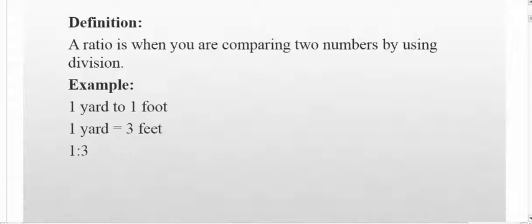If you have the conversion sheet, you would see that 1 yard equals 3 feet. You basically just have to check it to see what it equals. It gives you the answer straight up, so you would write it like this: 1 to 3.